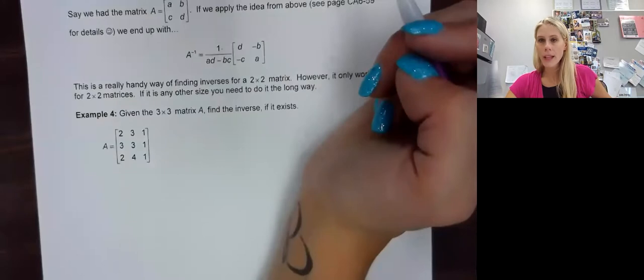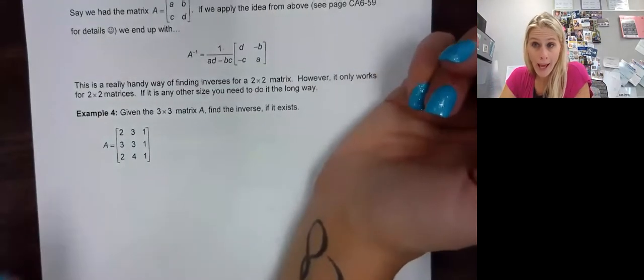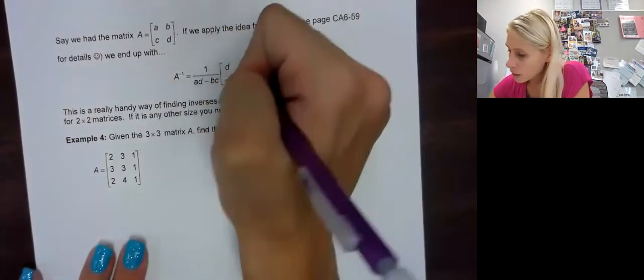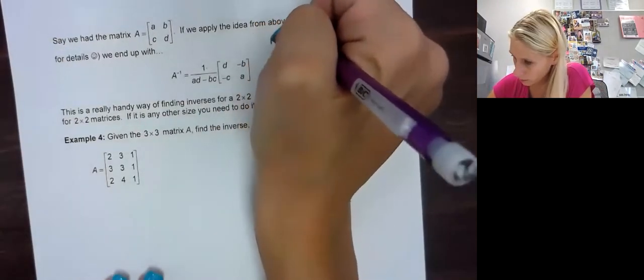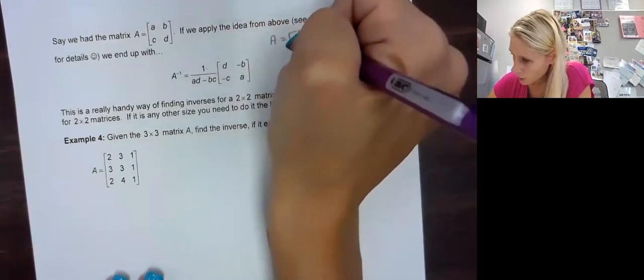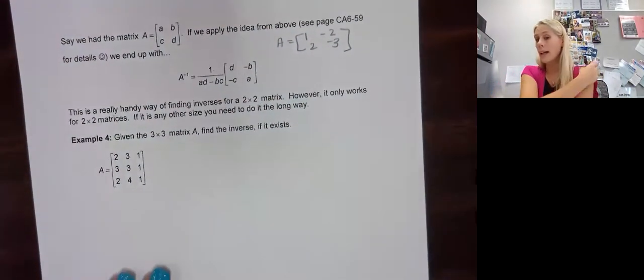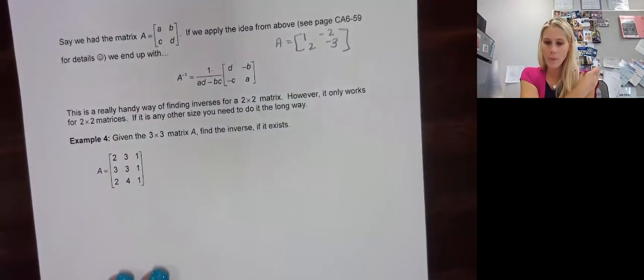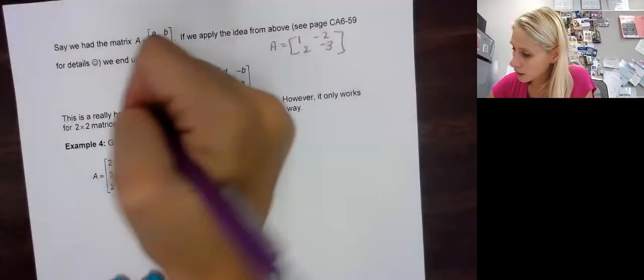I'm going to prove that to you right now. We know example 2 had an inverse, so I'm going to show you. If A equals 1, negative 2, 2, negative 3. Instead of doing the row reduction, I'm actually going to do this.